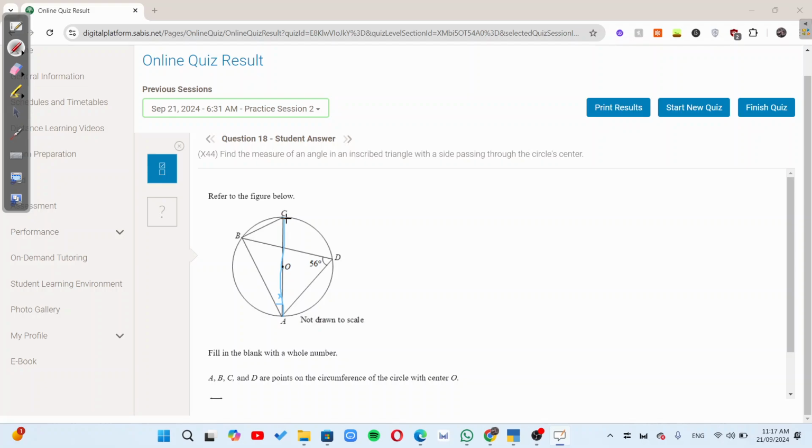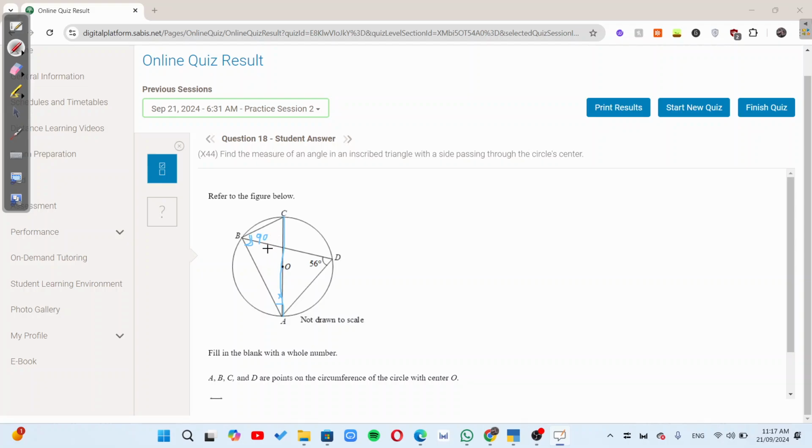And you know that any angle in a semicircle, like any angle that cuts a diameter, is equal to 90. So they told you already that this angle is 90. They didn't give it to you written in words, but you could see it from the figure.